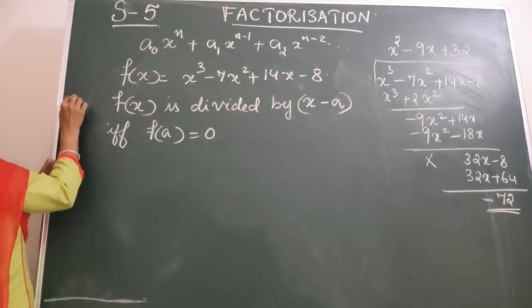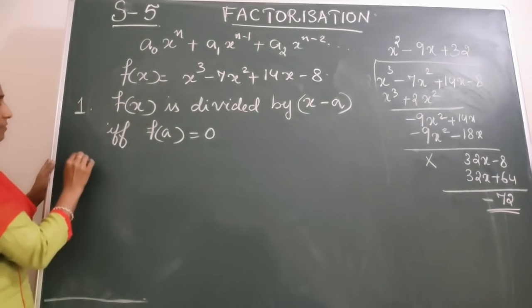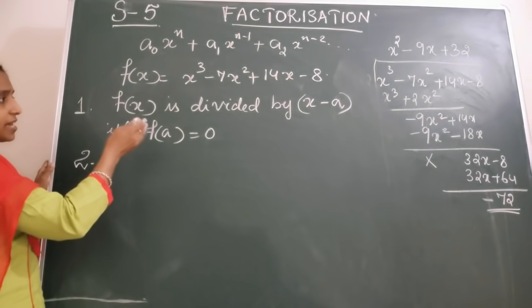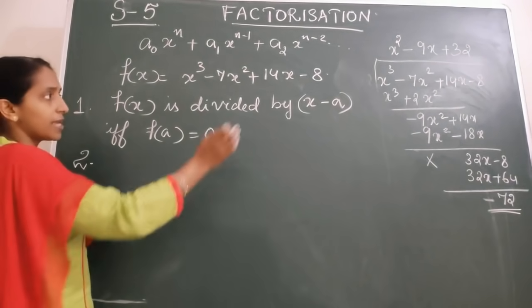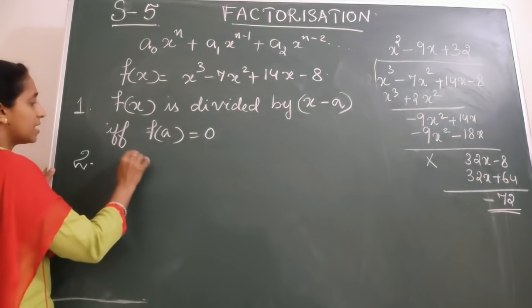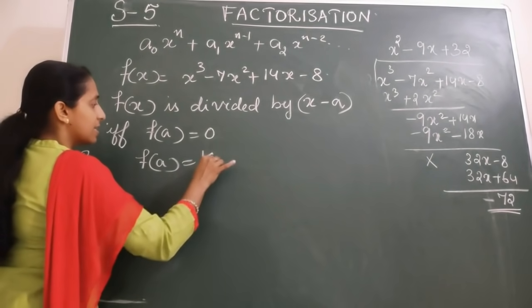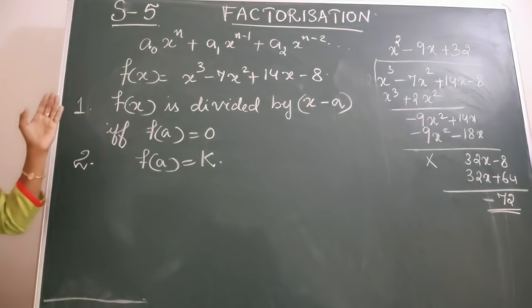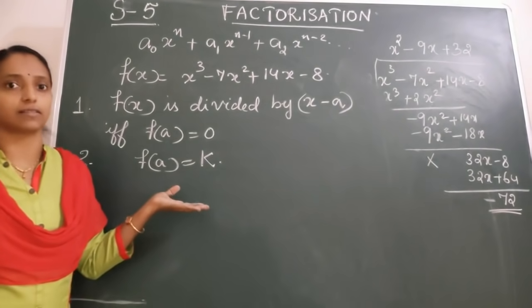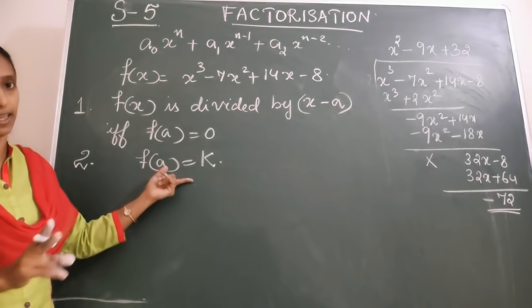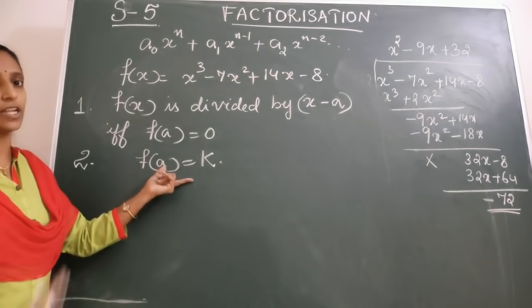This is the factor theorem. And the second one is the remainder theorem. The remainder theorem states that when f of x is divided by x minus a, then f of a is obtained as a constant. In that case x minus a is not a factor; x minus a leaves a remainder k. Both theorems are given in your textbook.